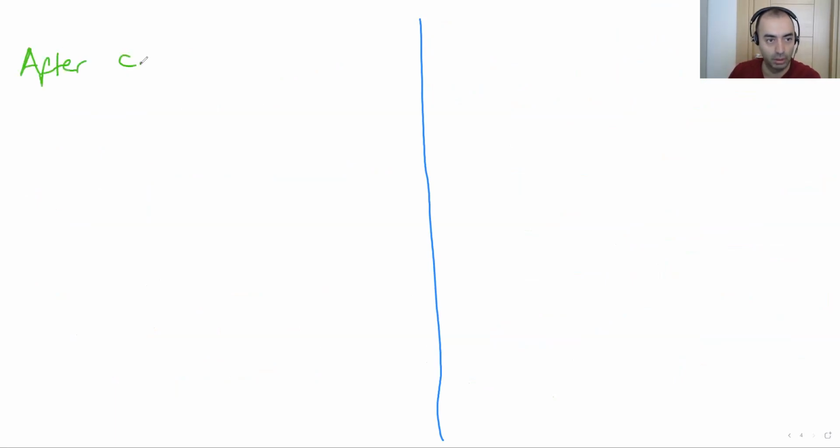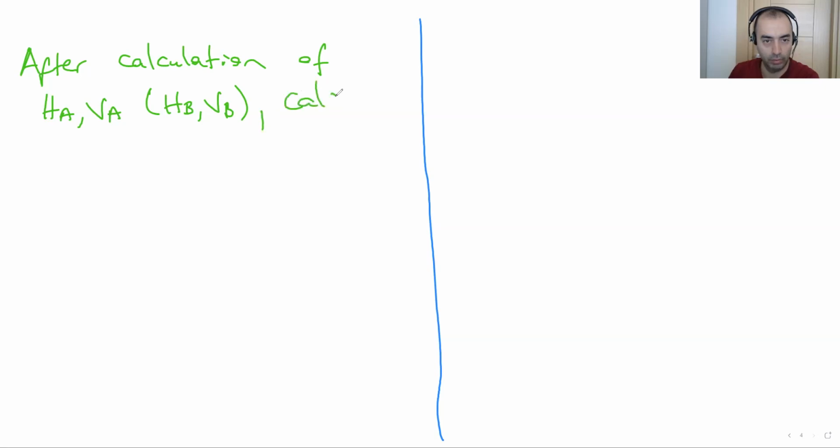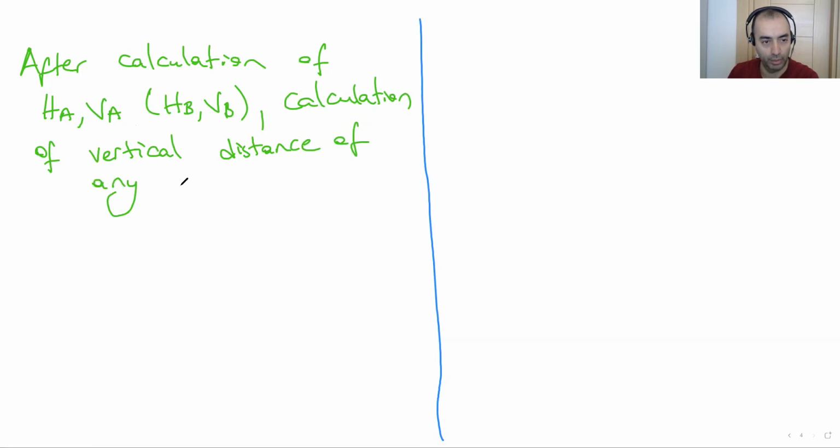After calculation of HA, VA or HB, VB, okay, calculation of vertical distance of any point.